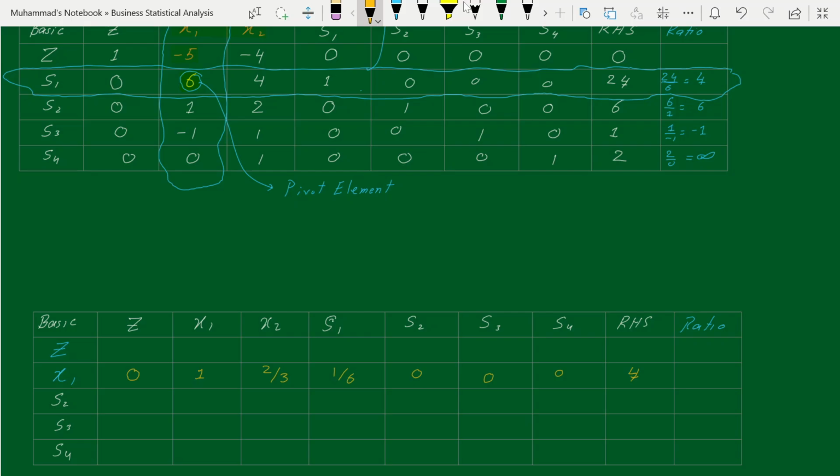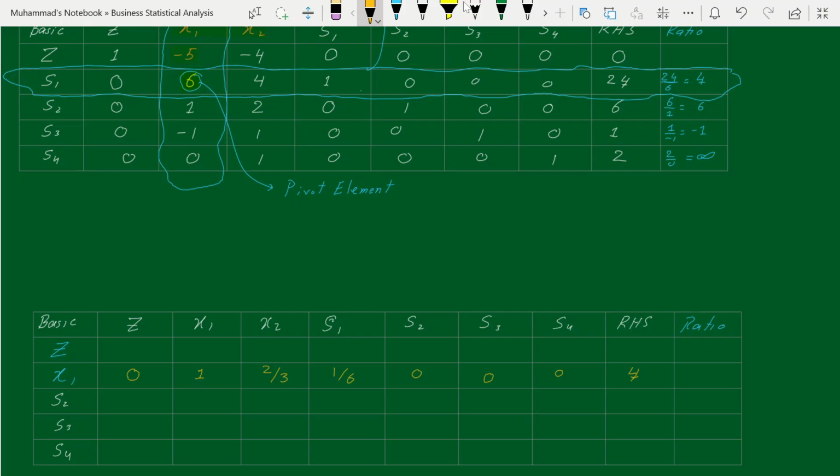To do so, we can perform operations with the old rows and the new rows. For example, this is old z and I want to get new z. In the simplex method, you can perform operations between the new x1 row, which has been selected already, and old z.